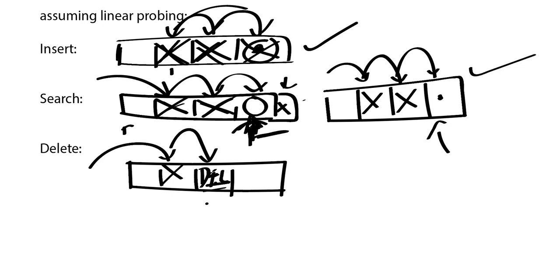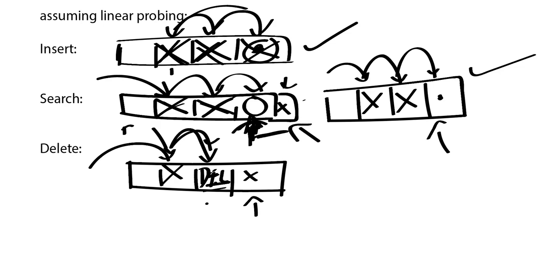We don't just empty it out, and we don't just say, okay, it's empty, and that's it. Because if we did that, then imagine if something wanted to probe for some item that was over here, and we began searching from here, we went here, and we just short-circuited like we talked about.